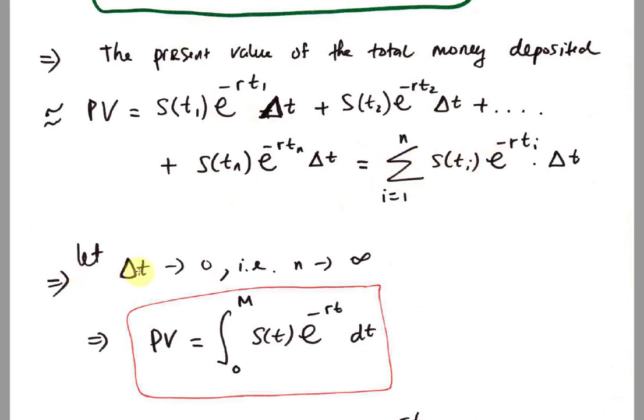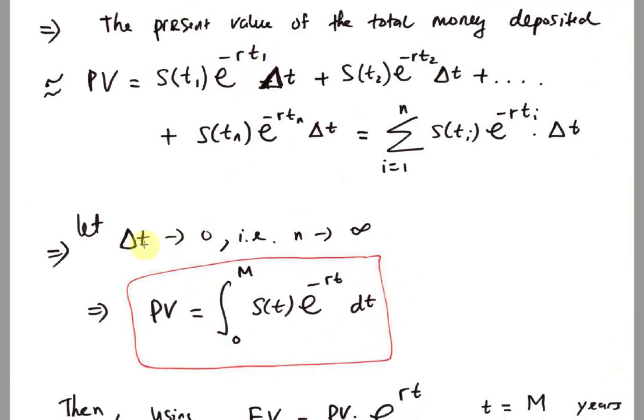If delta t is approaching 0, then we have the limit as n approaches infinity, or the present value of the income stream of payments is just the integral from 0 to m. M is the year at the end, and s of t is the function of the flow rate of money, times e to the minus rt dt. So this is the present value of all the payments.